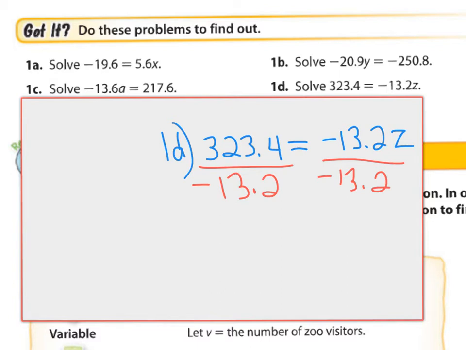And remember that negative 13.2 divided by negative 13.2 is positive 1, and 1 times z is simply z, so we're just going to keep that. So these guys are gone. And that equals a positive divided by a negative, which is going to be a negative number. It's negative 24.5.